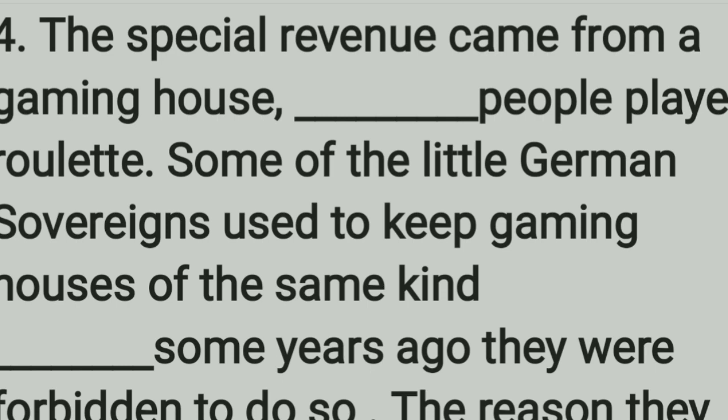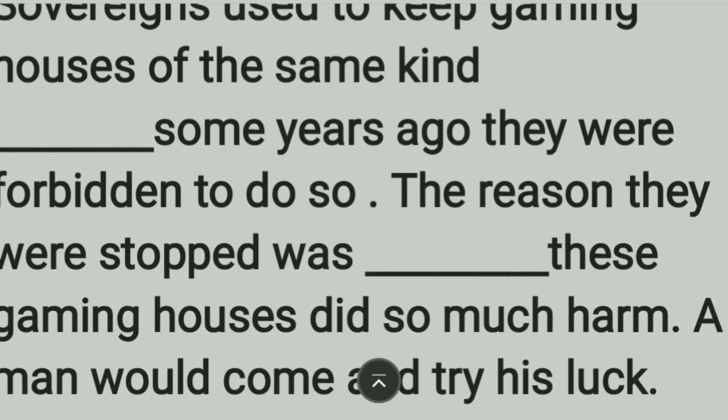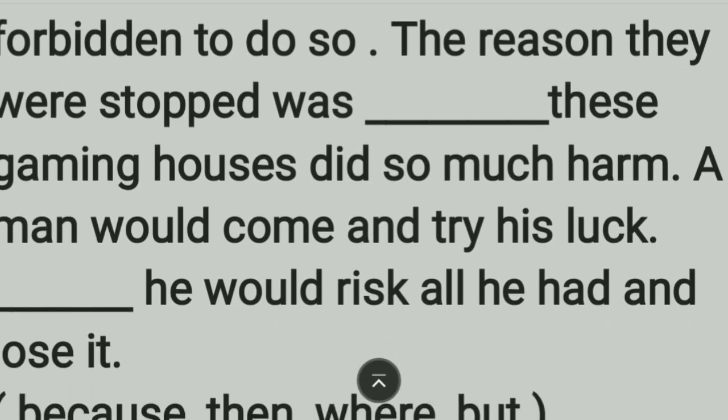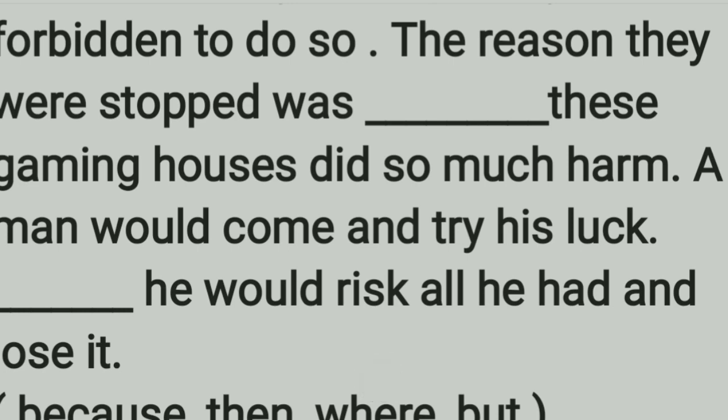Some of the little German sovereigns used to keep gaming houses of the same kind, but some years ago they were forbidden to do so. Again, we have contrasting ideas, that's why we have to use "but" there.